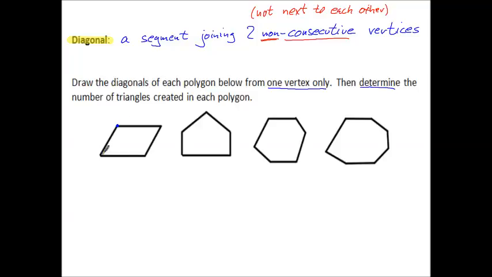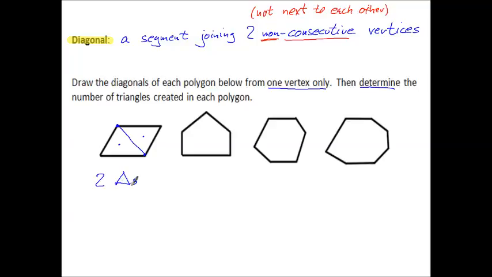We are tracing to a non-consecutive vertex, and there's only one that we can trace to, and this is the one. Here's our diagonal, and what that does is that cuts our quadrilateral into 2 triangles. So we get 2 triangles here.